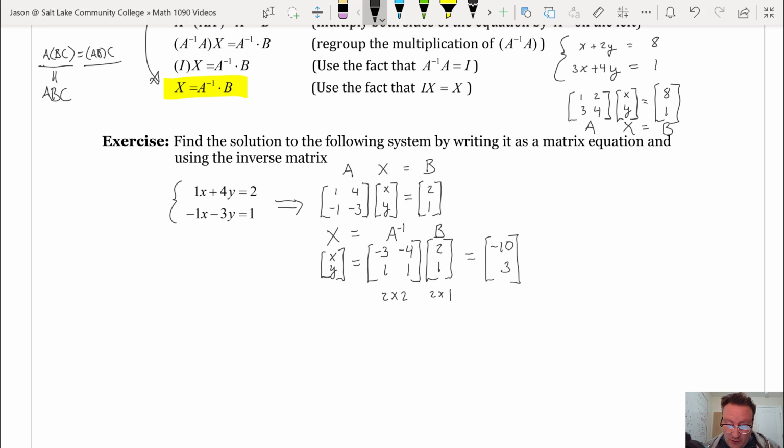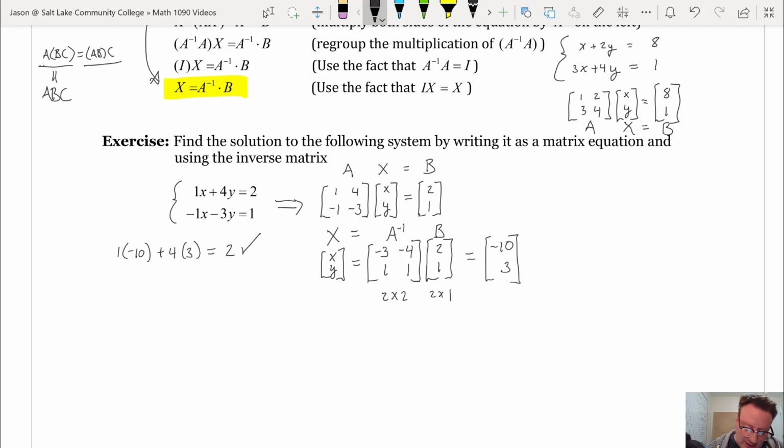Let's see, if I put those values in for x and y into the original equation, what do I get? 1 times -10 plus 4 times 3, that's going to be -10 plus 12. Yep, that equals 2. That checks out.